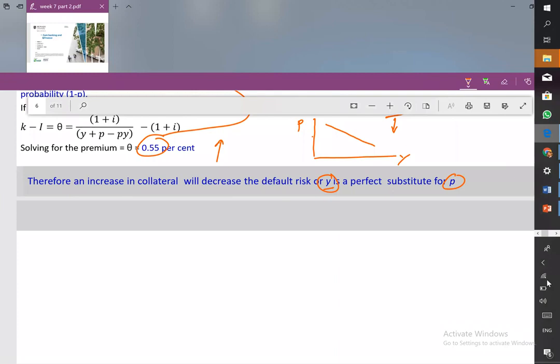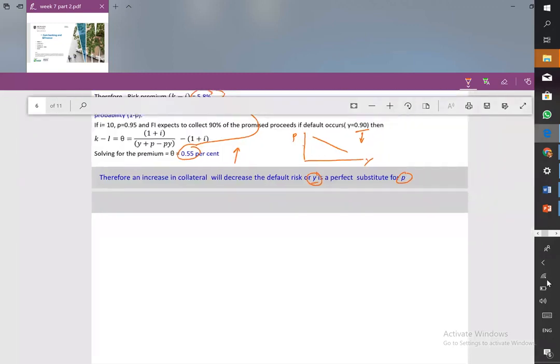When a customer, as I told you, has a very good history in credit risk and a high probability of payment, you will ask him for a very small premium.